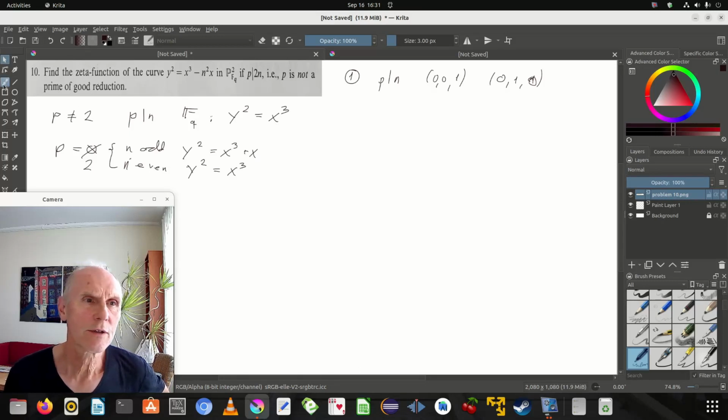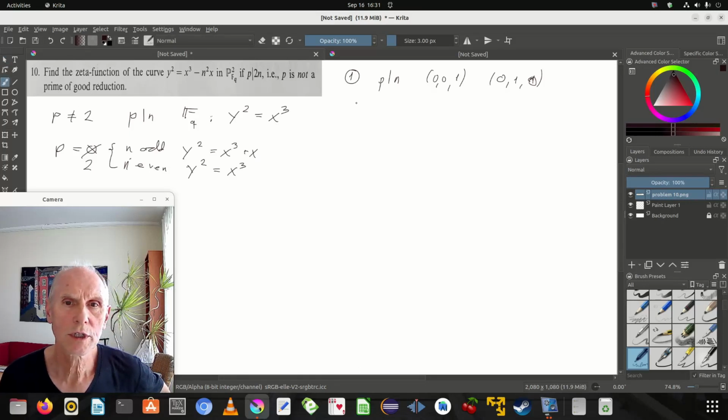So we are in solutions in F_q star. It's a cyclic group with q minus n elements.